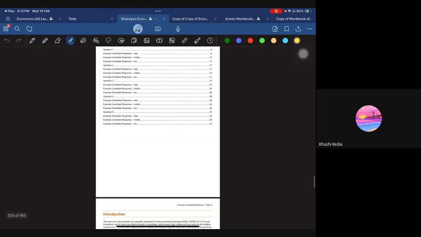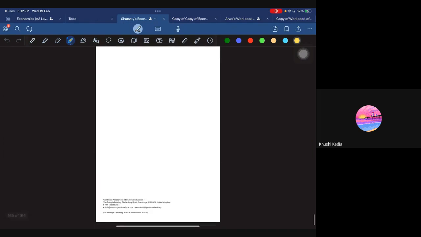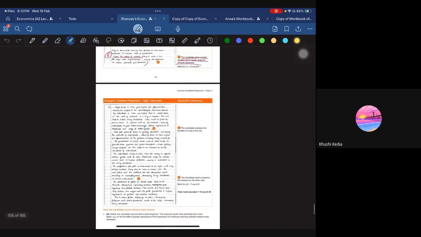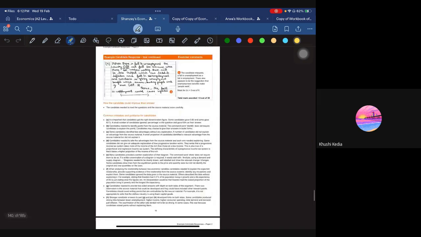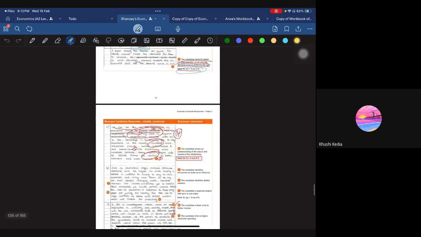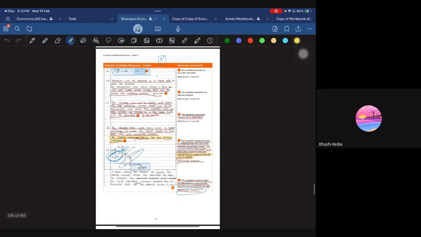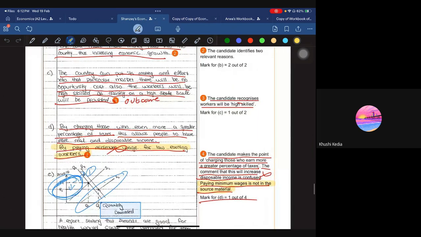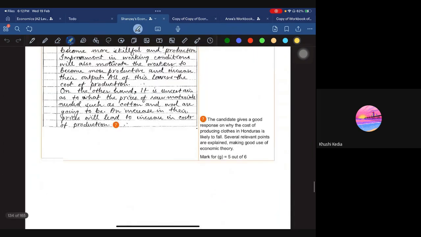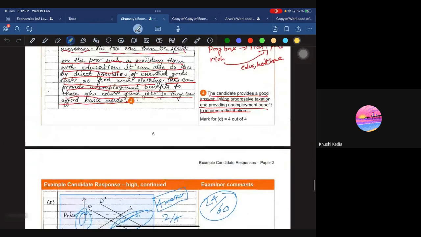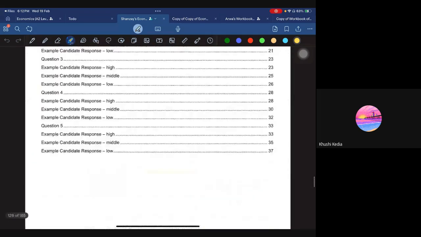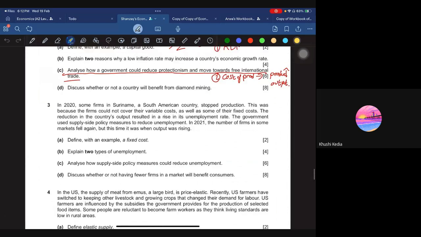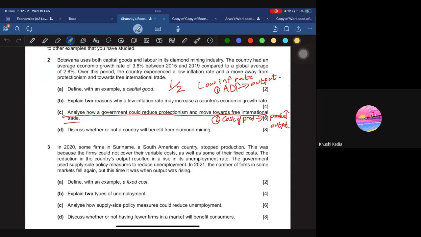This is written in an economics paper, and here in one of the questions, I show you how they consider this. The question was about 2D, or 2C? 2B, I guess.